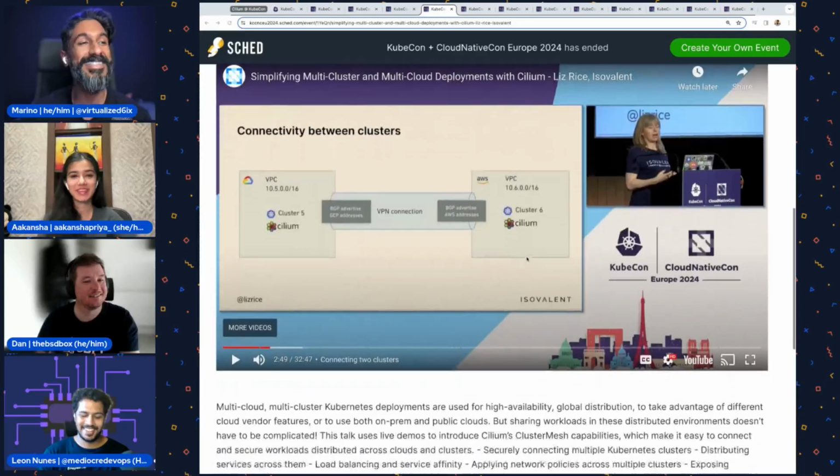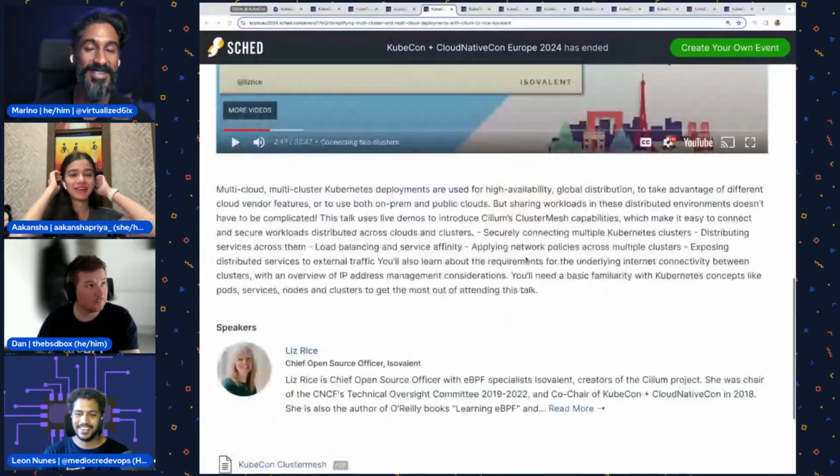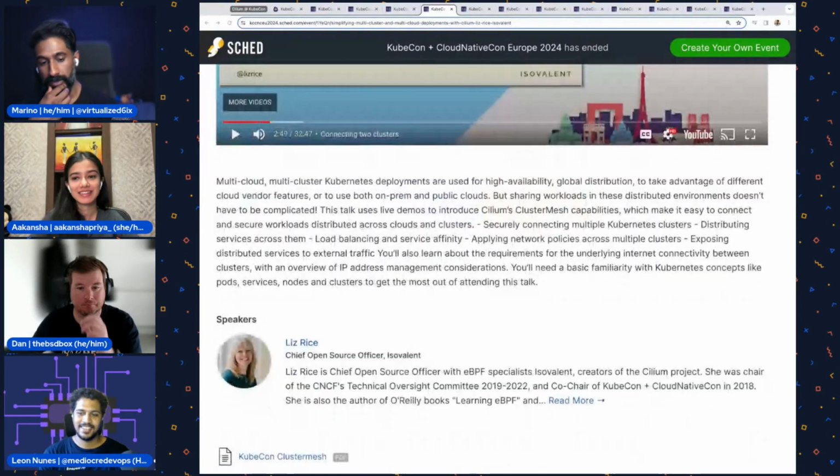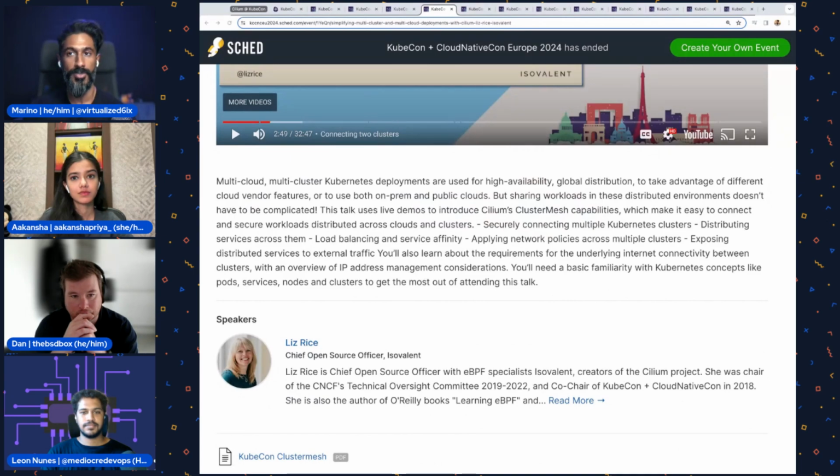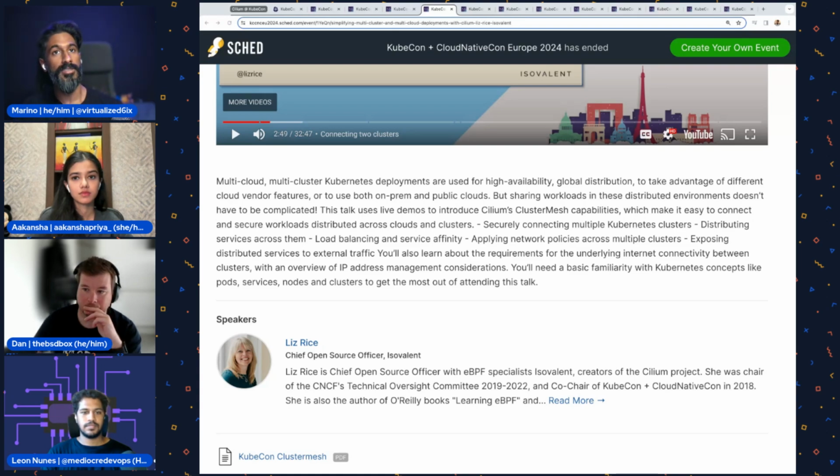Let's talk a little bit more about this multi-cluster stuff again, because multi-cloud connectivity has always been a challenge, especially when you have to rely on a vendor or a particular cloud provider's implementation approach of that connectivity. So let's just say you're trying to connect a Google Cloud VPC to an AWS VPC. In theory, it's very easy to do.